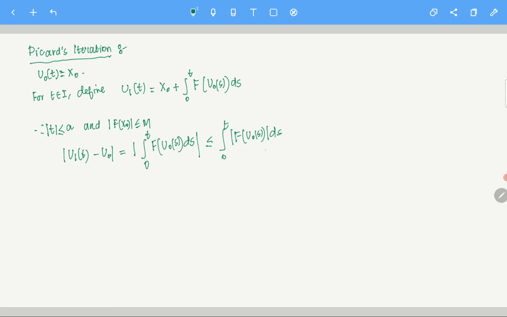Now if that is the case, what is the bound on f? The bound on f is m. So if I take this m out, since f has a maximum bound given by m, I am left with the integral from 0 to t of 1 ds, which is t. The maximum of t is a, so it is essentially a times m.